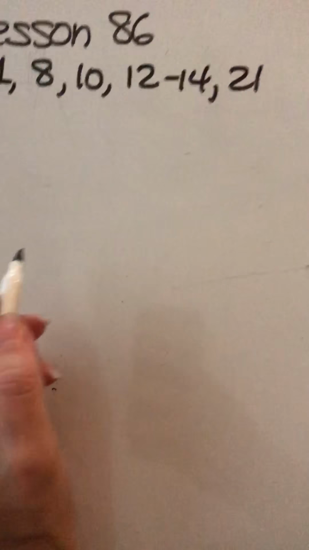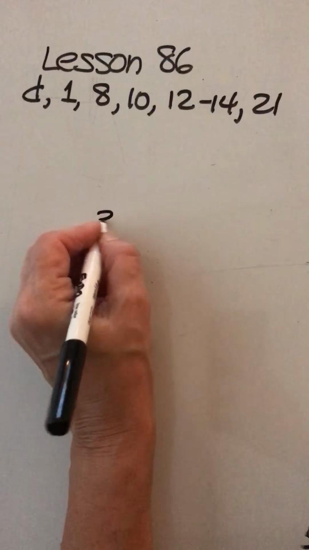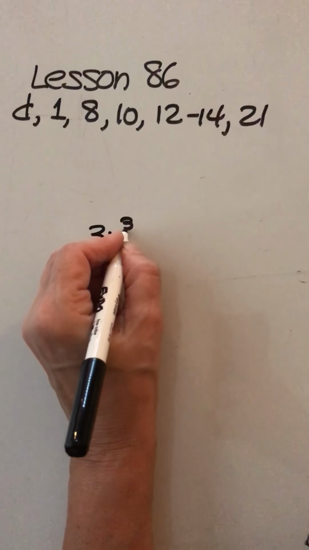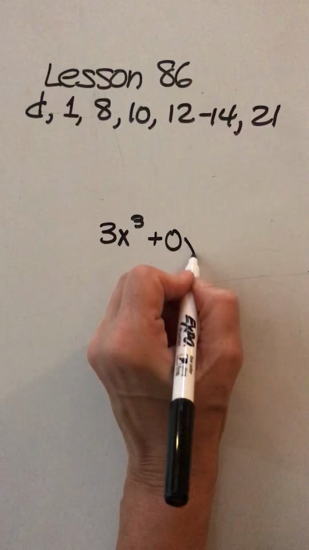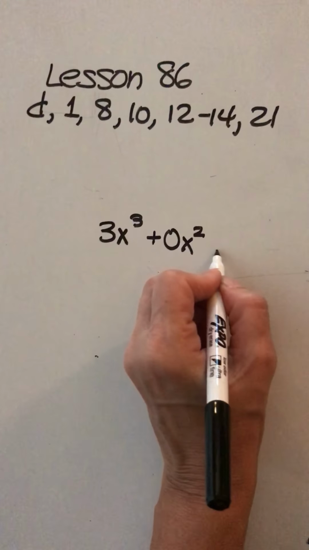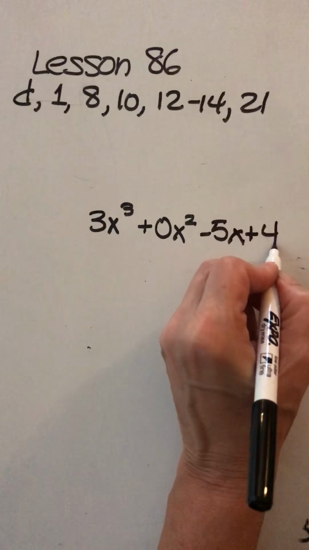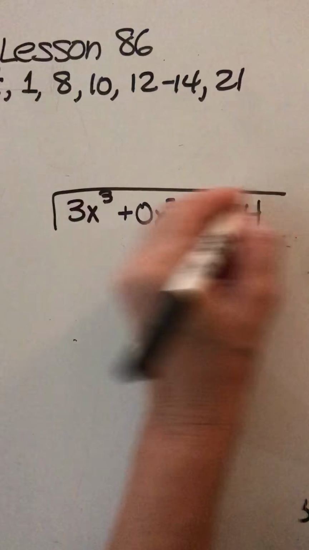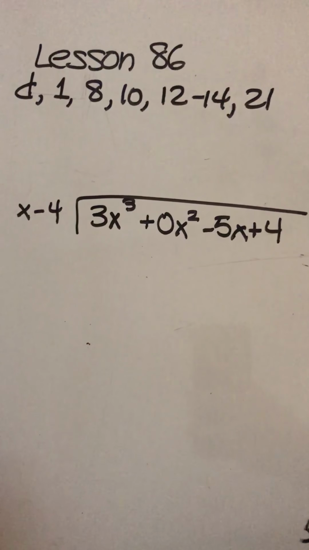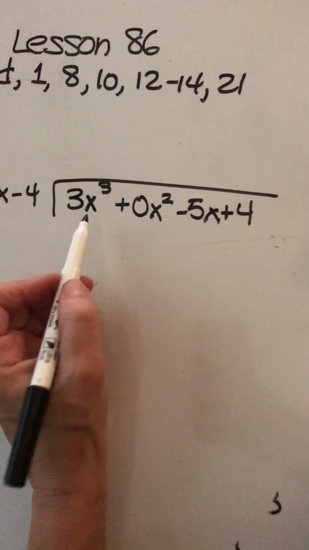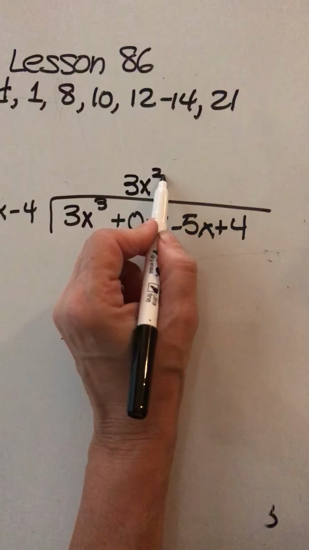All right, practice problem D says 3x cubed. There's no x squareds, but I need a placeholder for x squared, minus 5x plus 4 divided by x minus 4. I divide, multiply, subtract, bring down. 3x cubed divided by x is 3x squared.